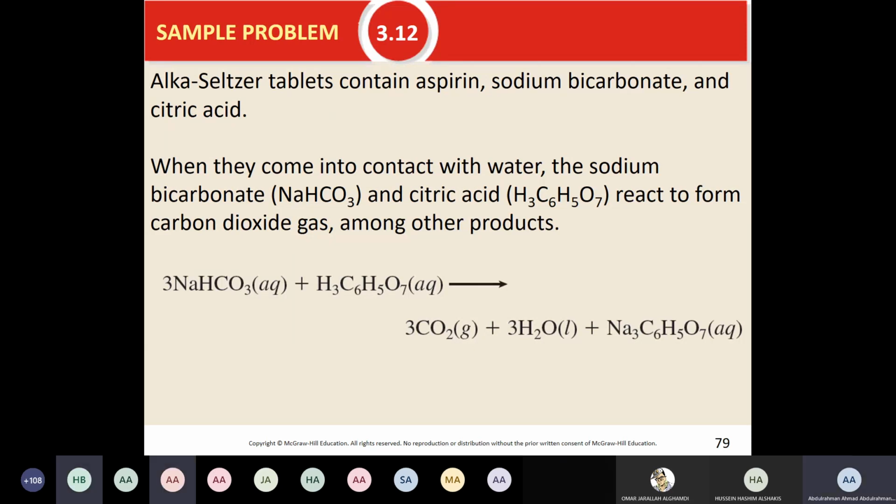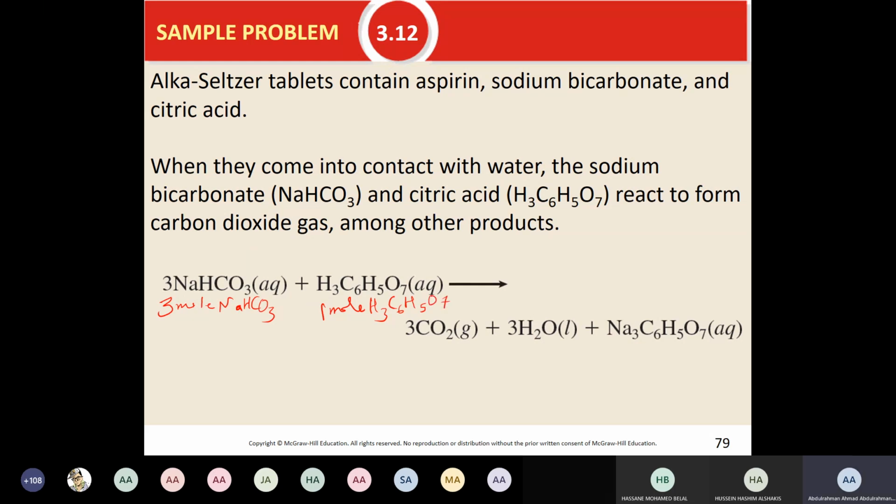Write the moles. Write under each one of them 3 mole NaHCO3. And then here, what should I write? 1 mole H3C6H5O7.